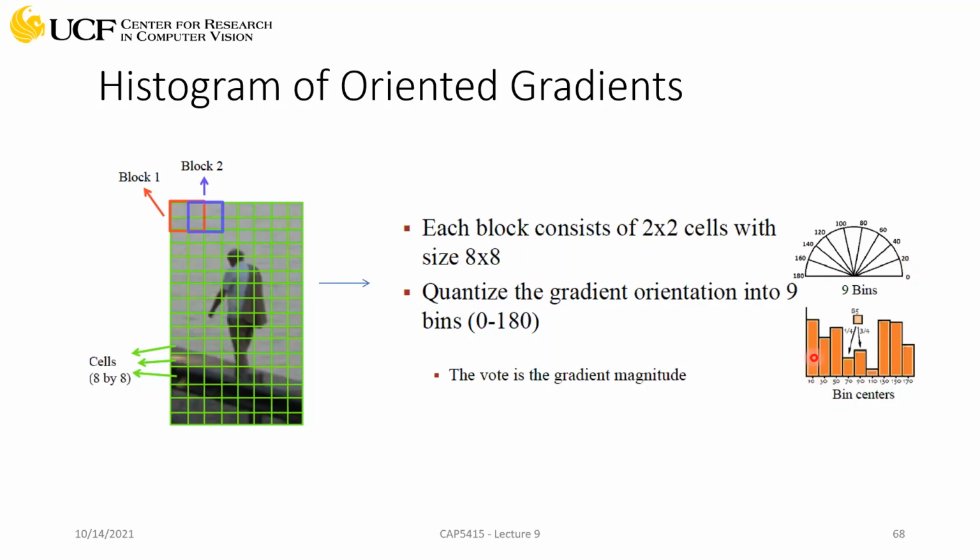So we already have 100. So we are directly counting the magnitude. Let's say we have another pixel in the same cell with the same orientation, which is again 10 degrees. But in this particular case, the magnitude is only 10. So then the vote will be 10. So then this value becomes 110. Right, that makes sense now. Thank you. Okay, great.